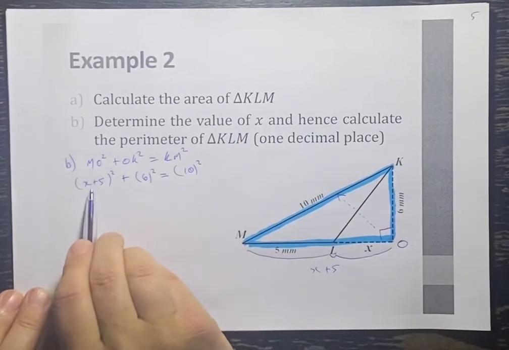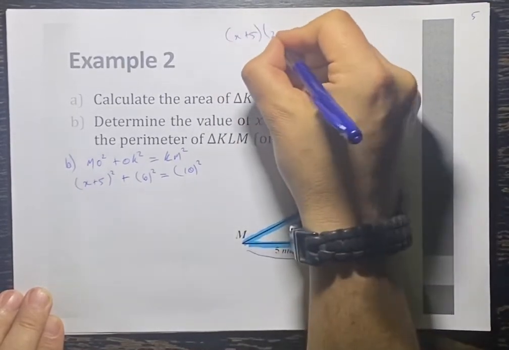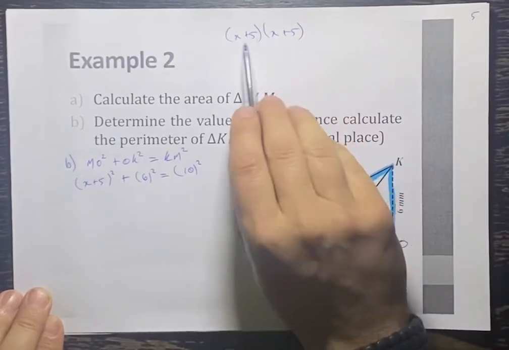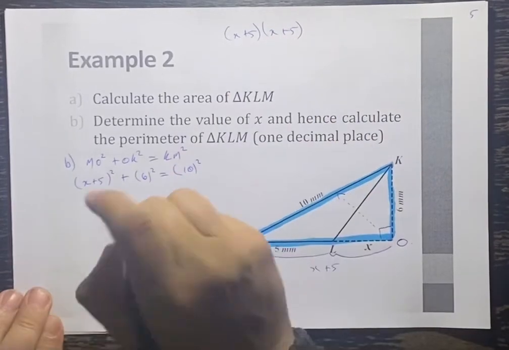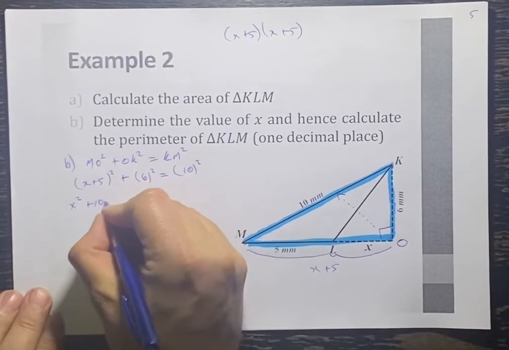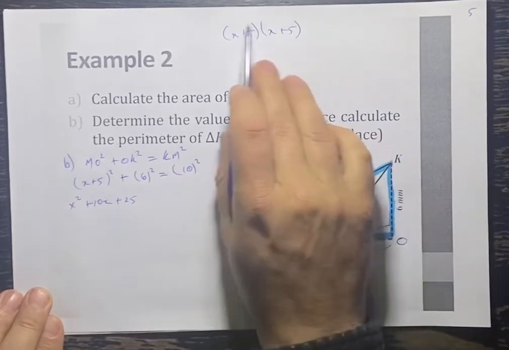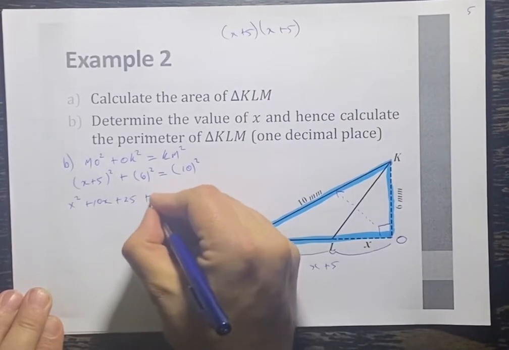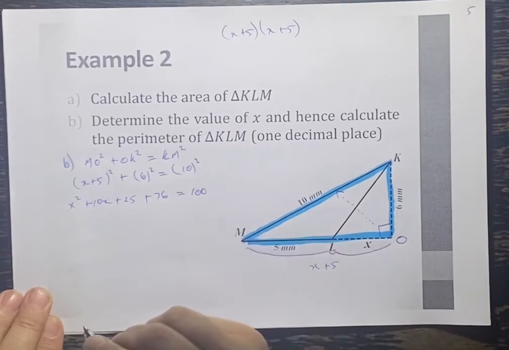Now guys, remember that this is foiling. If you have something squared, it means 2 brackets and then you FOIL it. First, outer, inner, last. So I'm just going to skip that step because that was done last term. So this would give us x squared plus 10x plus 25. You can test it for yourself, just FOIL it out and you will get this. Plus 36 equals 100.